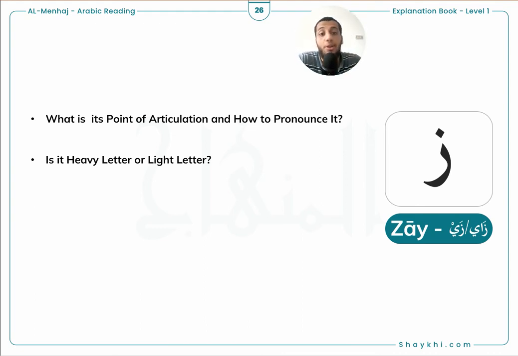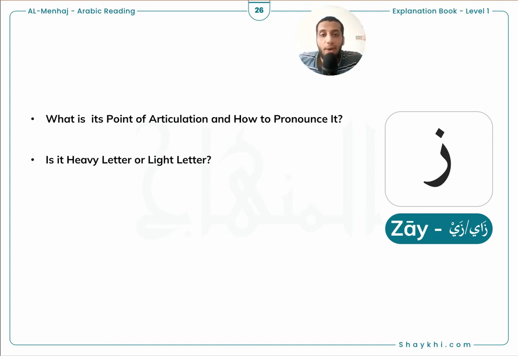Actually, the back of the tongue is not raised, because if the back of the tongue were raised, the sound would be like this: Za. It would be heavy. But because the back of the tongue is not raised, the sound is light. So when I ask you whether the back of the tongue is raised or not, don't tell me you don't see your back of the tongue.